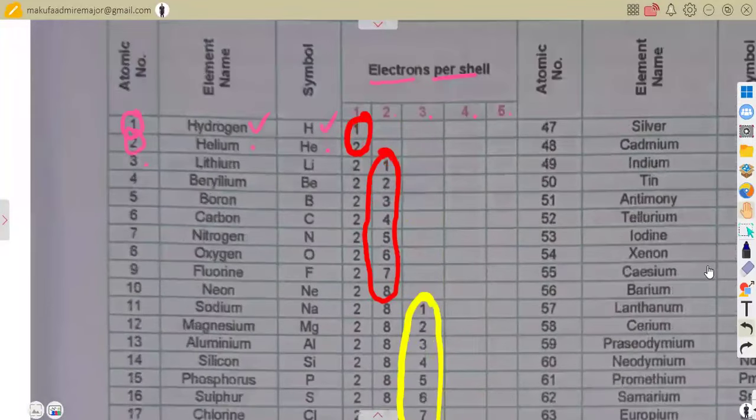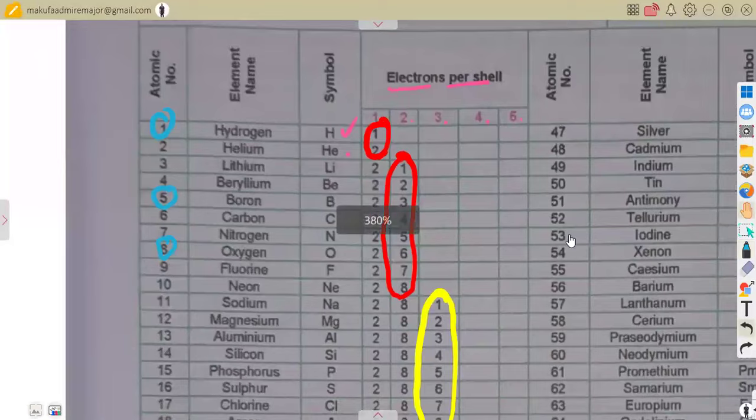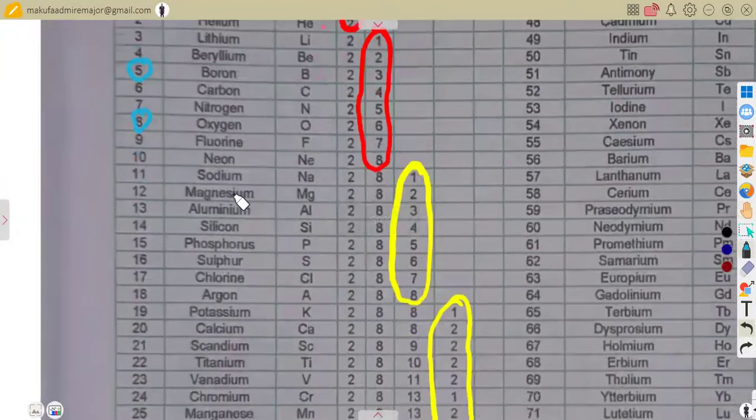What you need here mostly is to understand these ones that we're going to work with mostly, especially the hydrogen, the boron, the oxygen. All right, these are some of the most important.